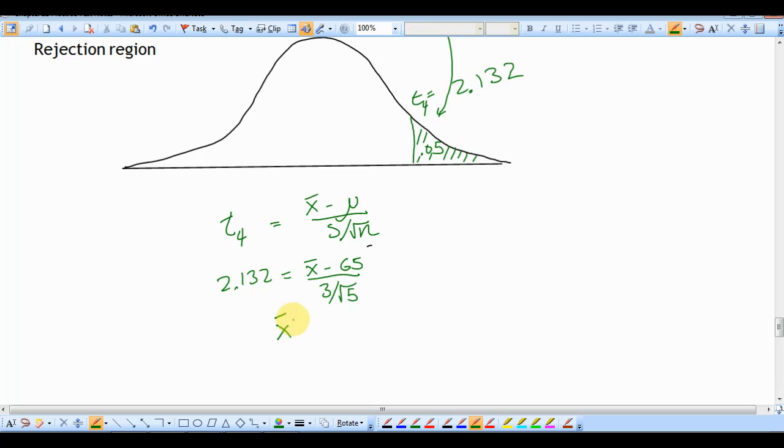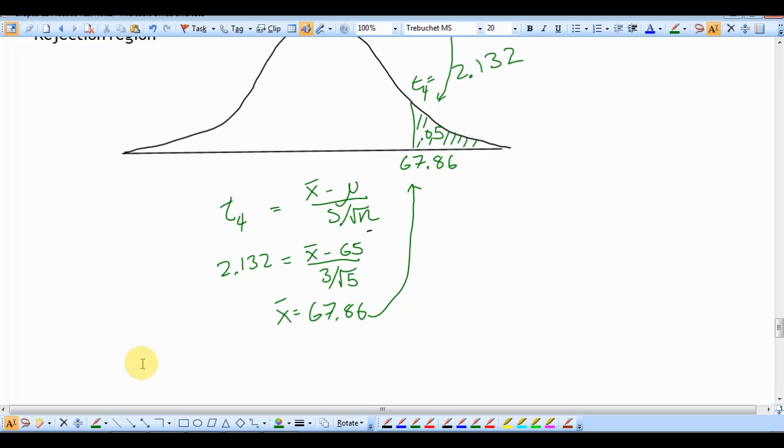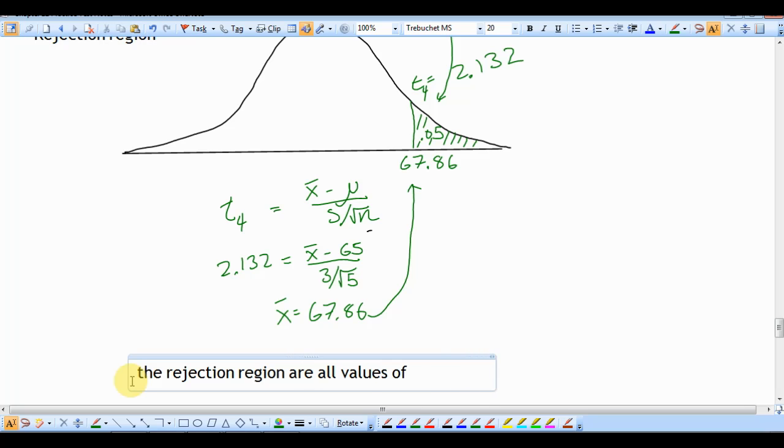Okay, so we're getting this number right here, 67.86. Do we need that number? Yeah, for our rejection region. The rejection region is all values of x bar greater than 67.86.